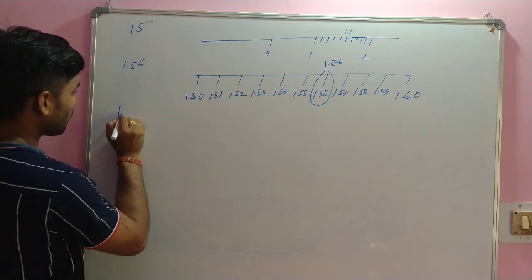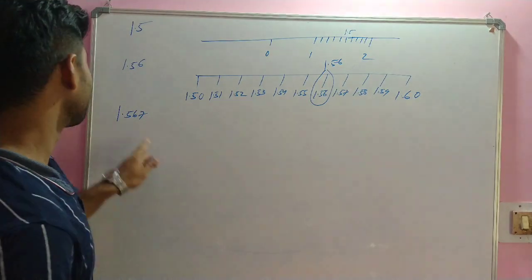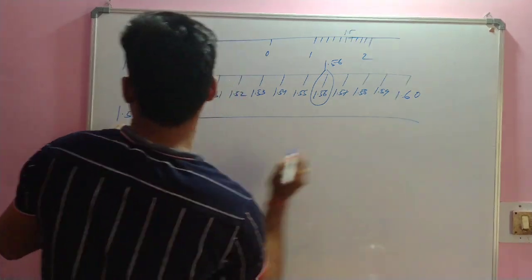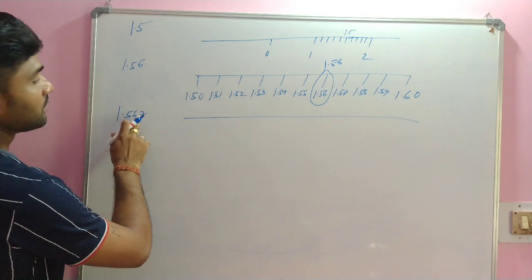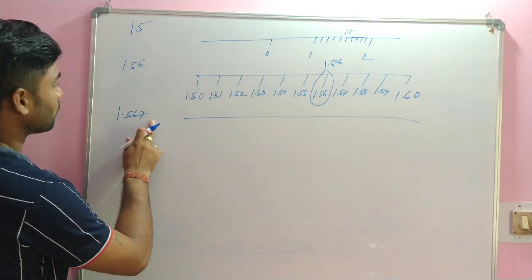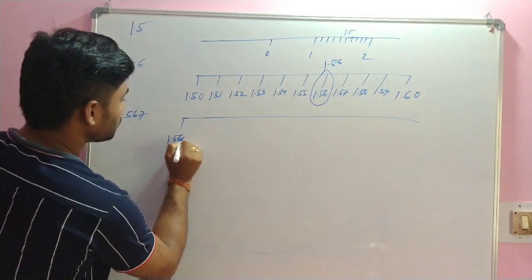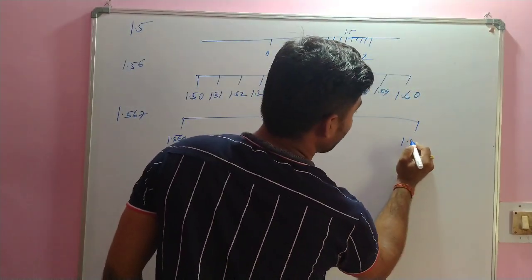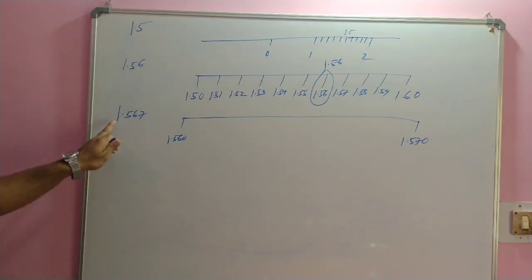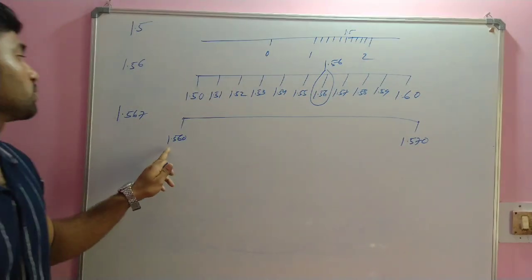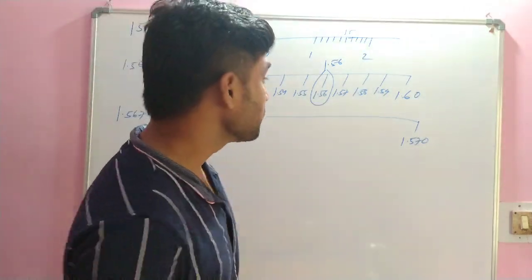Suppose 1.567. Similarly, 1.567 is placed between 1.560 and 1.570.